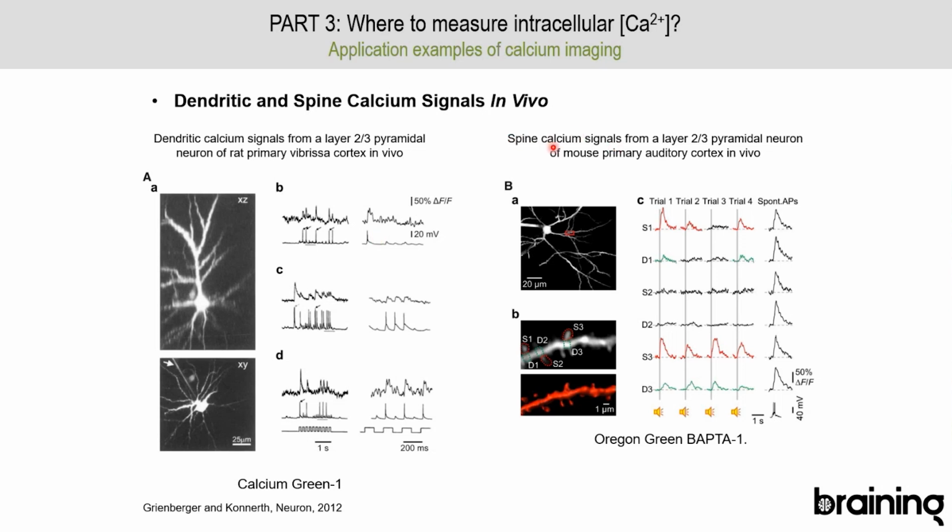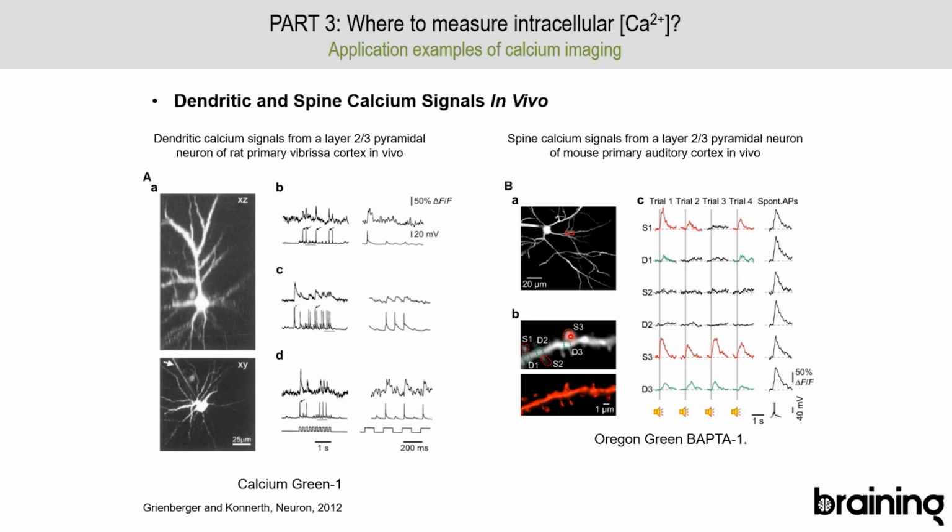Here we have a spine calcium signaling for a pyramidal neuron. And as you can see, this is the pipette. So they did patch clamp with this dye, so the dye spread through all the neuron. And then they recorded this portion here that is amplified, and they marked different regions.